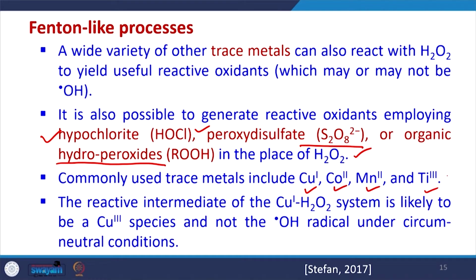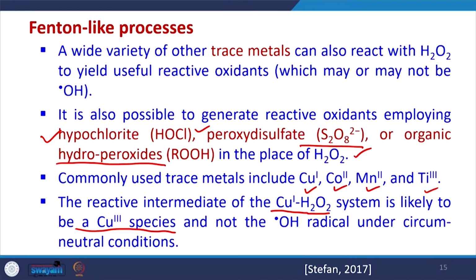So, we can use many trace metals. These may be copper, cobalt, manganese, titanium, etc. The reactive intermediate of these systems, like the Cu(I)-H2O2 system, may be a copper(III) species. It may be possible to produce OH radical under certain conditions. It is also possible that other types of radicals are generated.